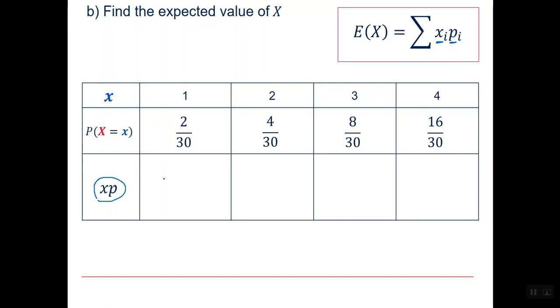So the first one would just be 1 times 2 over 30, which is 2 over 30. And the second one would be 2 times 4 over 30, which is 8 over 30. And then in the same way we would get 24 over 30 for 3, and we would get 64 over 30 for 4.